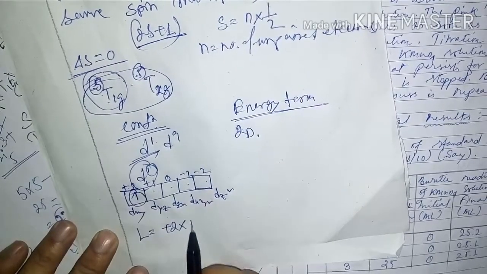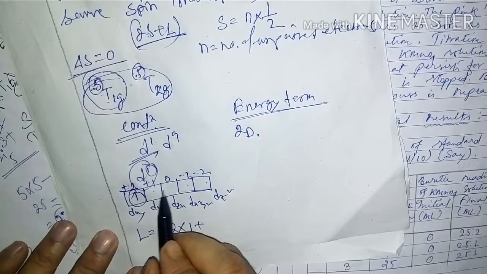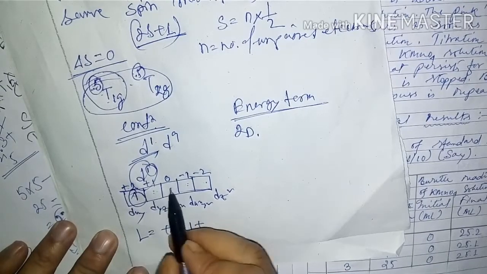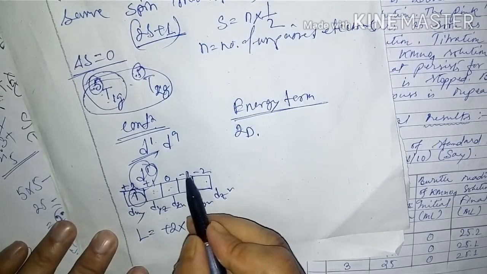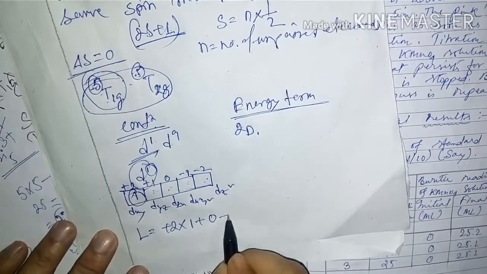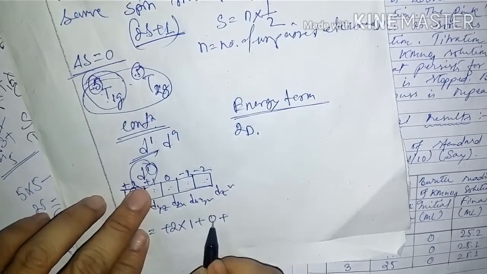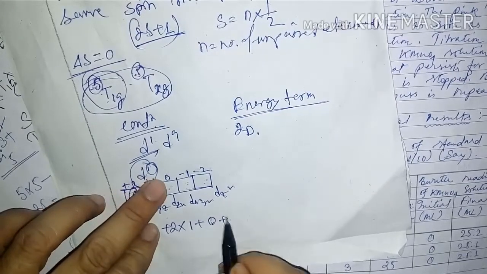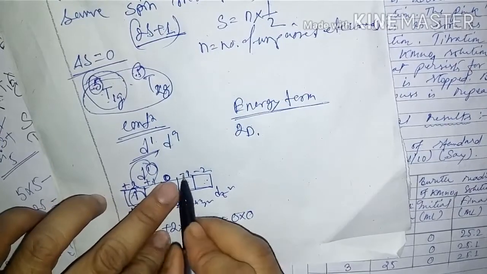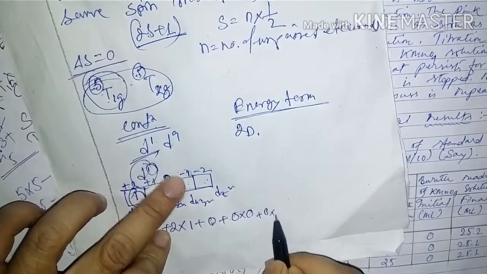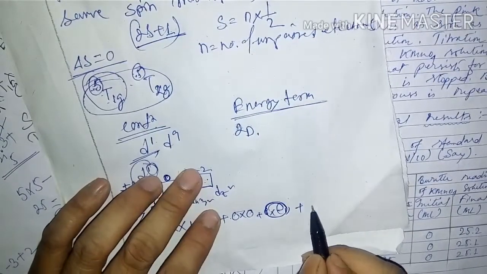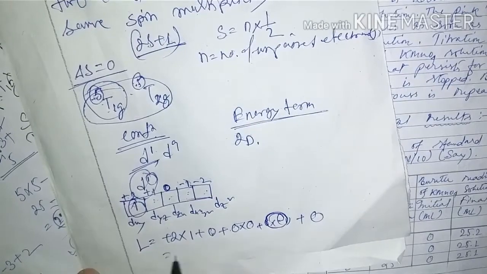The other orbitals are empty, that means 0; 0 times anything is 0. So the L value is only 2.